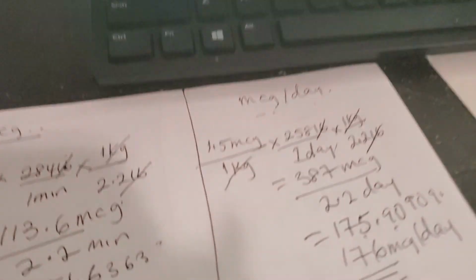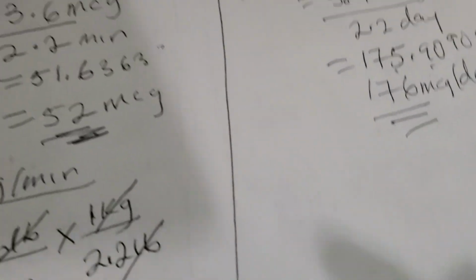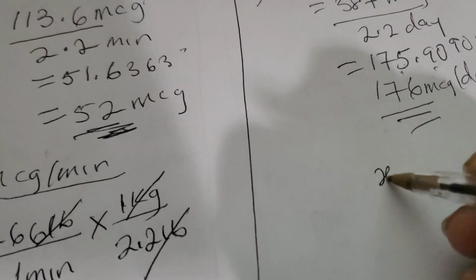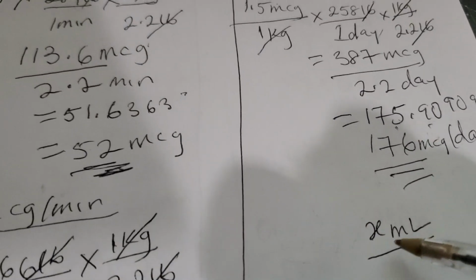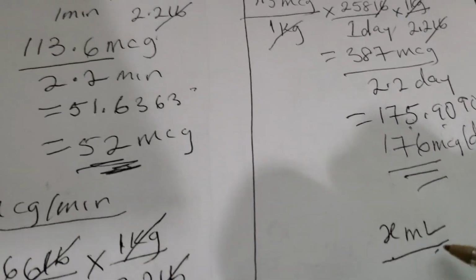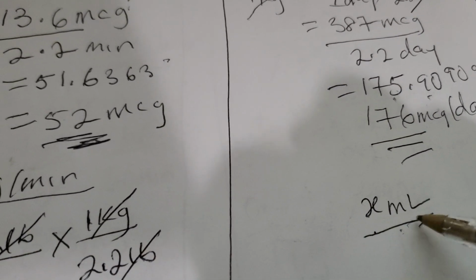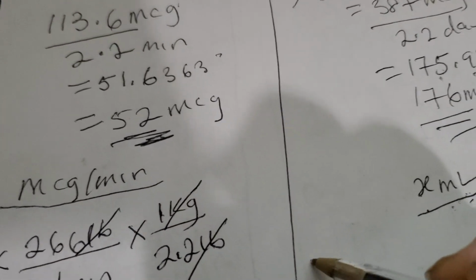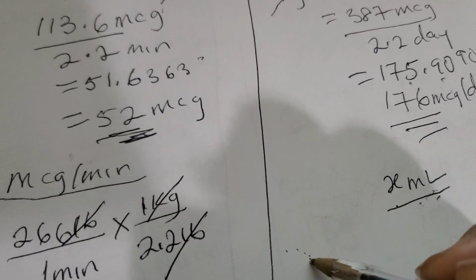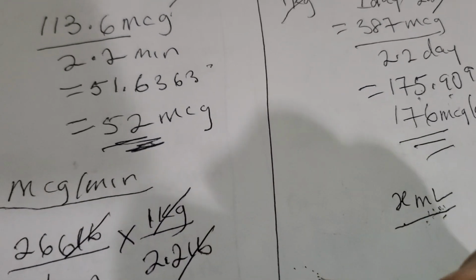Always remember our rule. Pause it and work it. Our final answer should be in ml. We don't know, that's why I put X ml. Our final value should have ml. Okay? So let's set it up. In setting it up, make sure your ml will come to the top because that's what you're looking for.